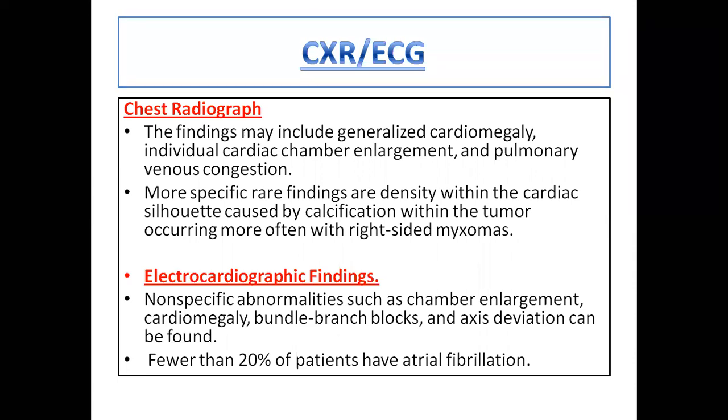On chest X-ray, the findings may be cardiomegaly, dilated chambers, and pulmonary congestion. ECG is non-specific and can show bundle branch block and axis deviation. 20% can present with atrial fibrillation.